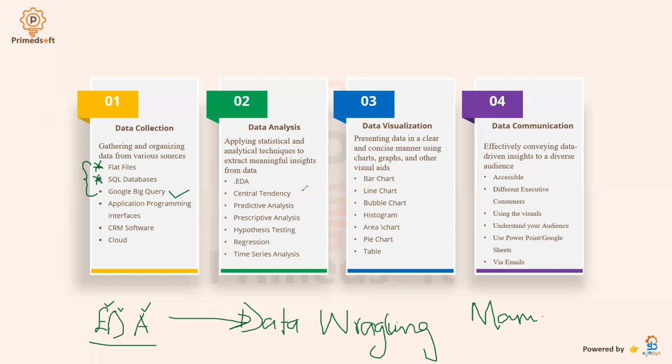Another thing you do in your data analysis as a data literate person or professional is finding central tendency. So in our primary school mathematics, we learned mean, mode, median, range.